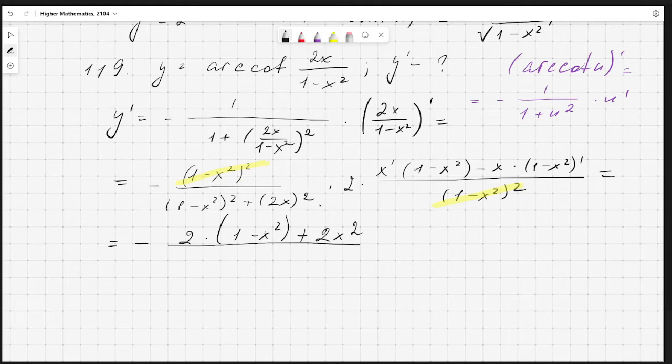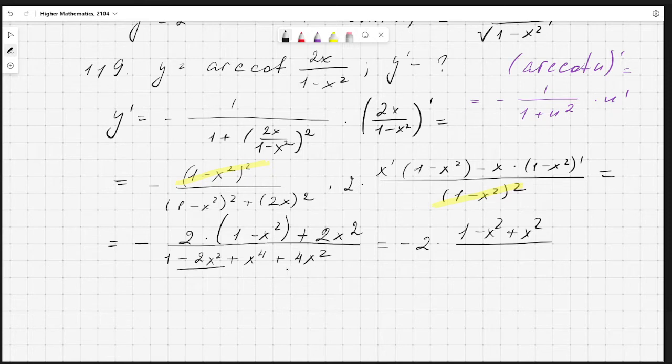Okay. Here, open the bracket. 1 minus 2x squared plus x to the power 4 plus 4x squared. 2 squared is 4. All. We will have 2 times 1 minus x squared plus x squared.